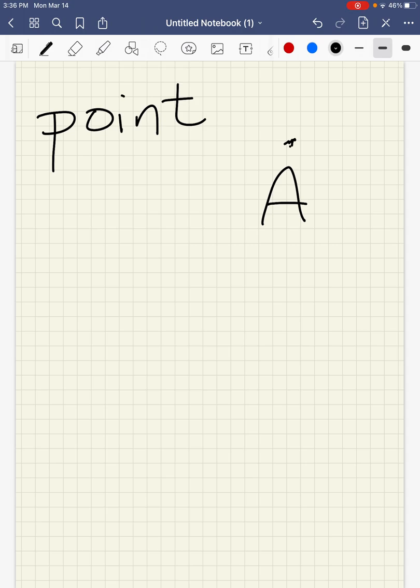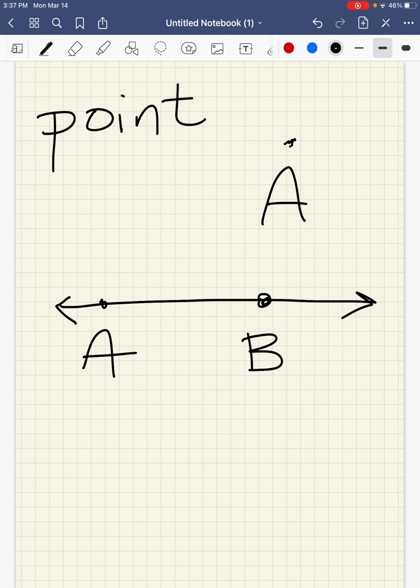The next thing is a line, and a line is an infinite collection of points. The line goes in each direction, opposite directions, to infinity. We use 2 points to define a line because it takes 2 points to determine which direction a line would be going in. So you could call this line AB.